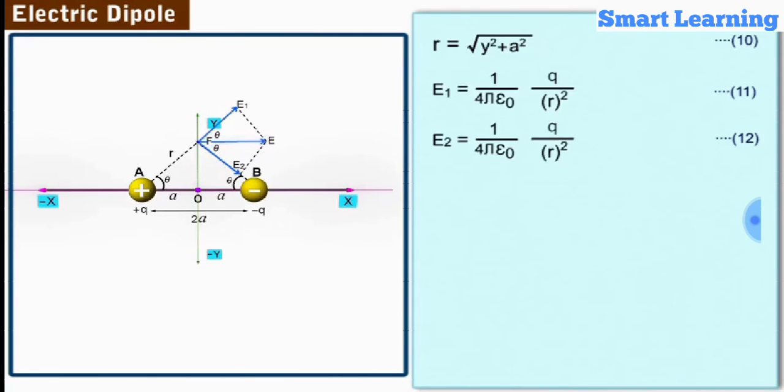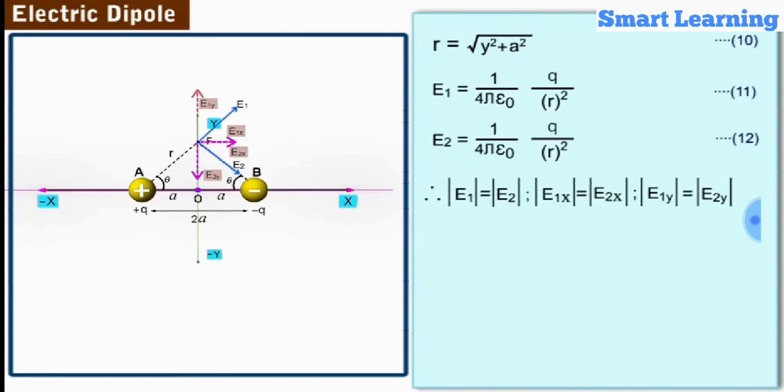Let us consider the components of E1 and E2 along the x and y axes to find the magnitude of the resultant electric field at the point F. The components of the electric field E1 along the x and y axes are E1x and E1y respectively as shown. And the components of the electric field E2 along the x and y axes are E2x and E2y respectively as shown.